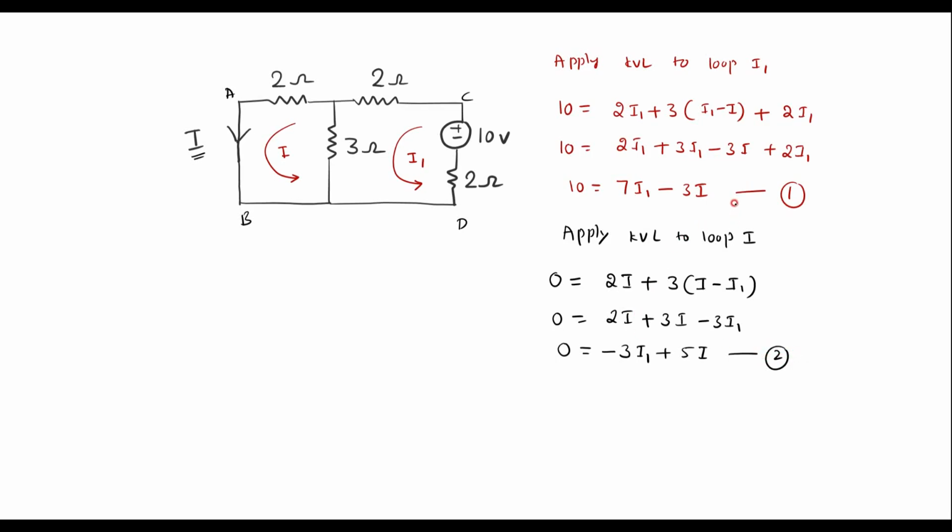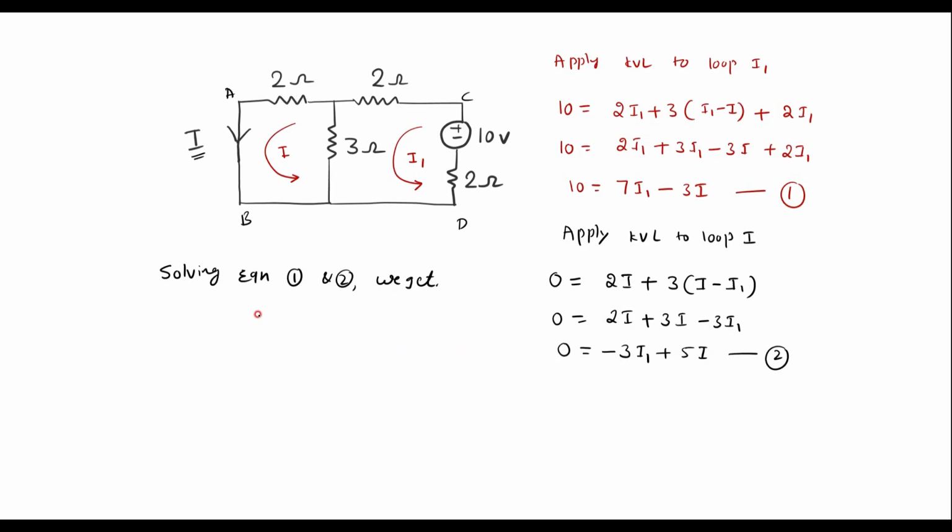Now solving equations 1 and 2, here also we simplify directly using the calculator. The coefficient of I1 is 7, the coefficient of I is minus 3, and this value is 10. In the second equation, the coefficient of I1 is minus 3, the coefficient of I is 5, and this is 0.